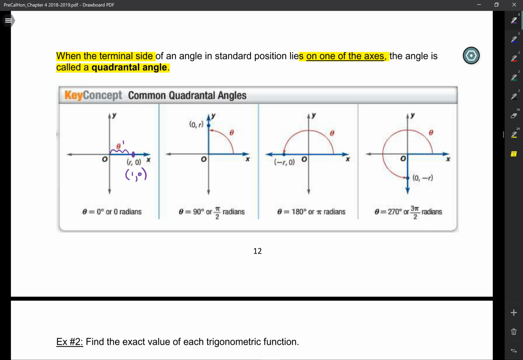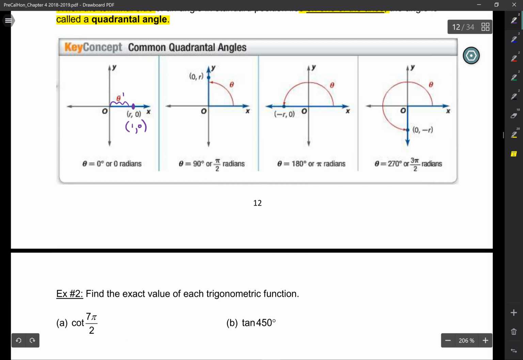So now, can I find sine of that angle? Sine of 0, we said sine was always going to be y over r, right? What's the y coordinate of that point? 0. And what's the radius, did we say? 1. So sine of 0 ends up as 0.